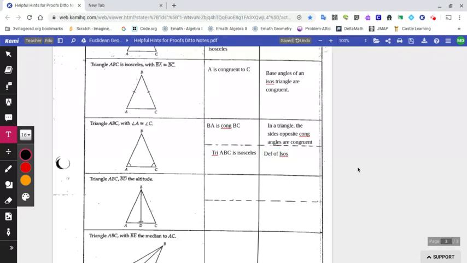I'm really starting to abbreviate a lot here, so you're free to abbreviate if you want, as long as I understand what the abbreviations mean. ISOS would be okay for isosceles, DEF for definition would be fine, PERP or the perpendicular sign for perpendicular. You can start abbreviating just to make things a little bit easier.